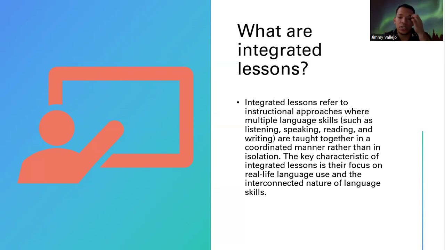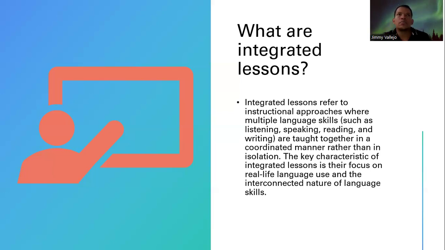The key characteristics of integrated lessons are their focus on real life language and the interconnected nature of language skills. These are classes in which the teacher focuses on teaching all the skills together.